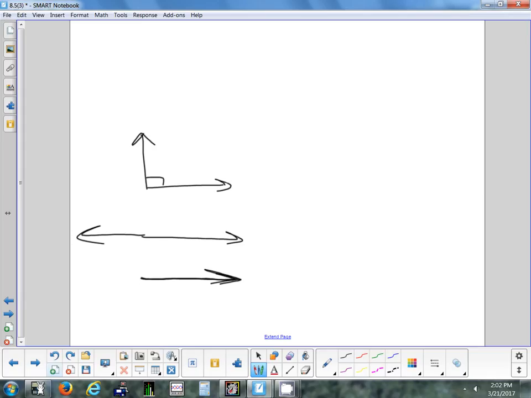When you have two line segments that make a 90, what do you call that? A right angle. Yep, what else? They're perpendicular. So we'll talk about vectors that are perpendicular, and then vectors that are parallel, both of these cases. Parallel means they can point in opposite directions or the same direction.